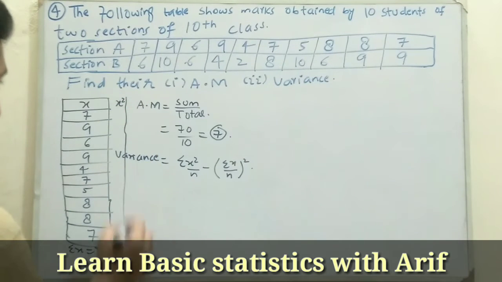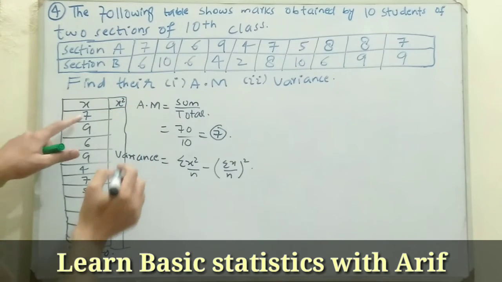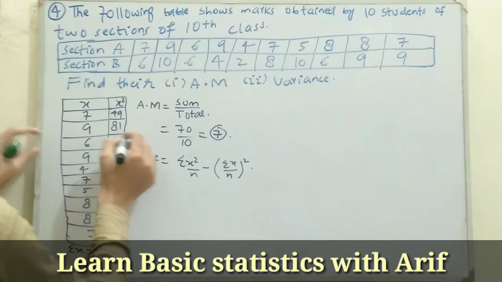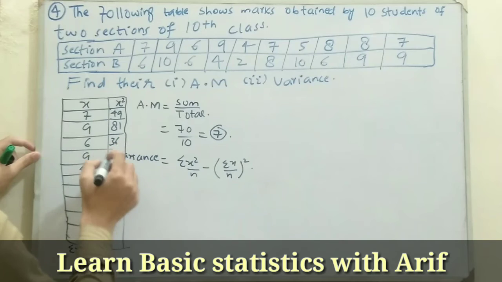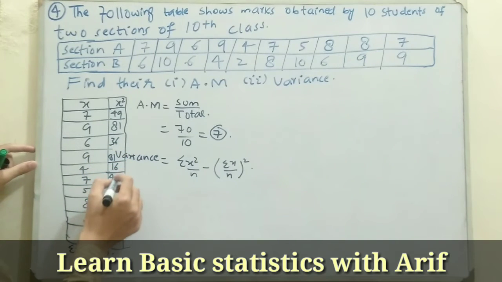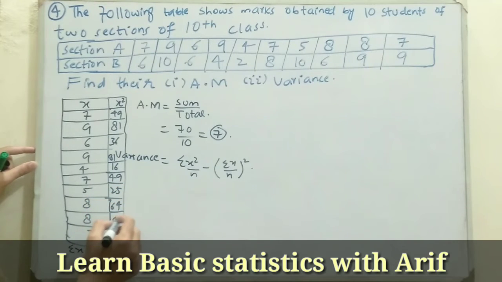Squaring 7 gives us 49, squaring 9 gives us 81, squaring 6 gives us 36, squaring 9 gives us 81, squaring 4 gives 16, squaring 7 gives us 49, squaring 5 gives us 25, squaring 8 gives us 64, 64, and squaring 7 gives us 49.